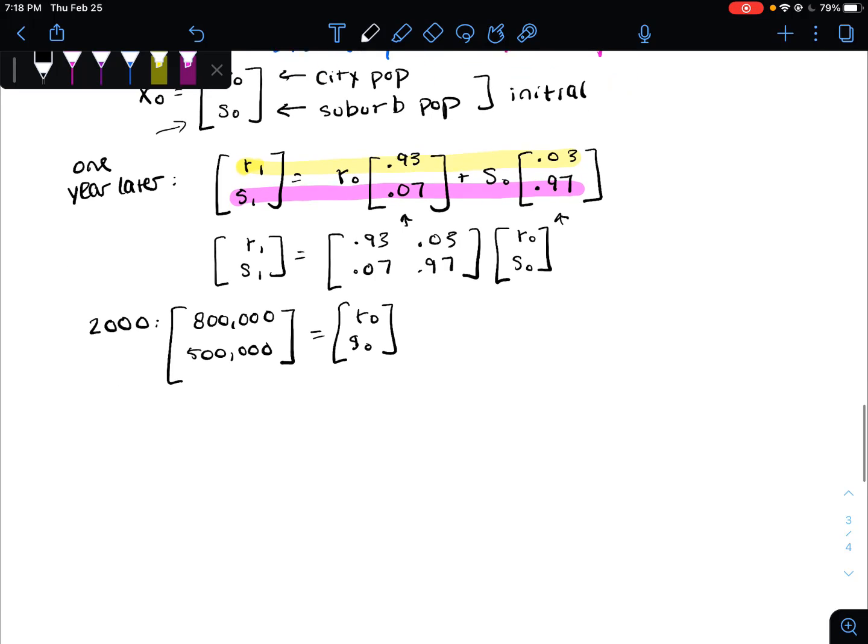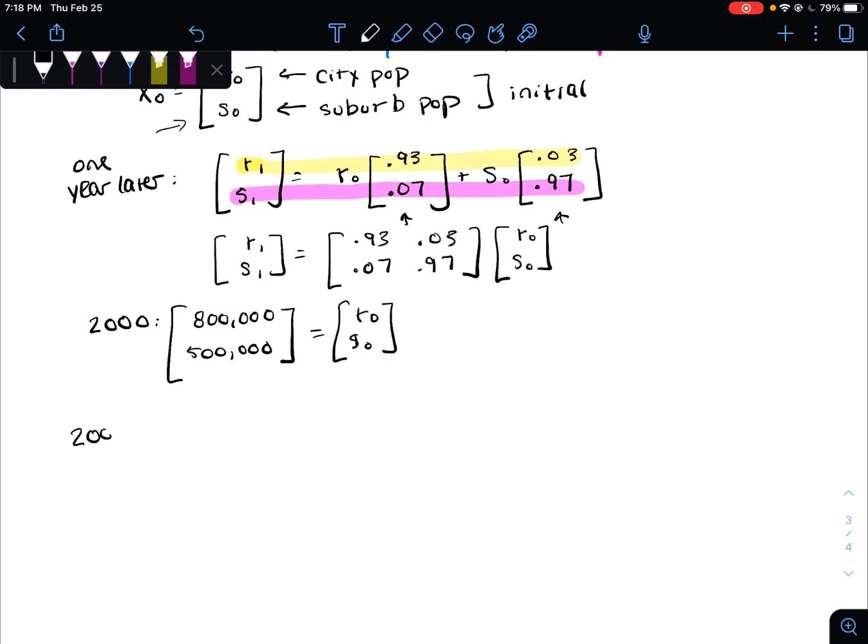Okay, so that means 1 year later, in 2001, the new city population and the new suburb population will be this matrix we created, this kind of change matrix, which feels redundant because matrices are inherently transformations. So when I say change matrix, it's like, yeah, transformation.